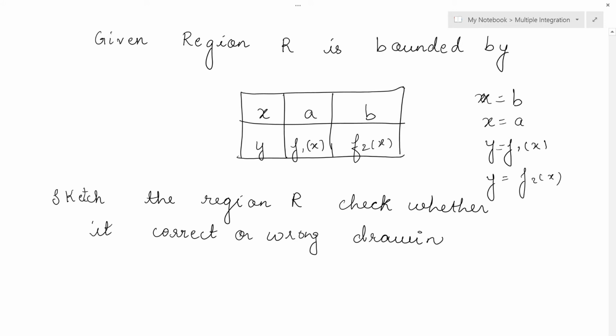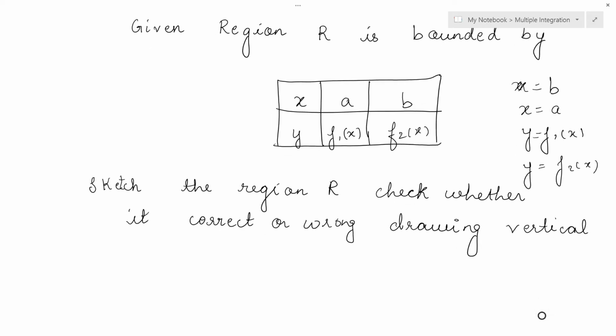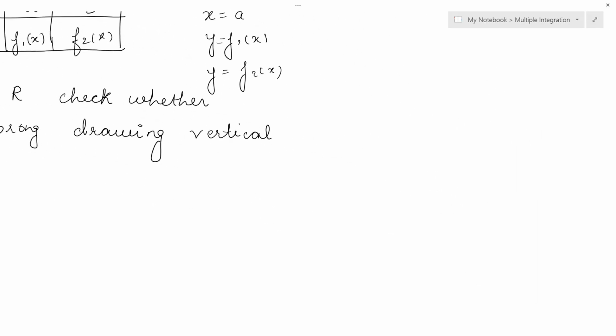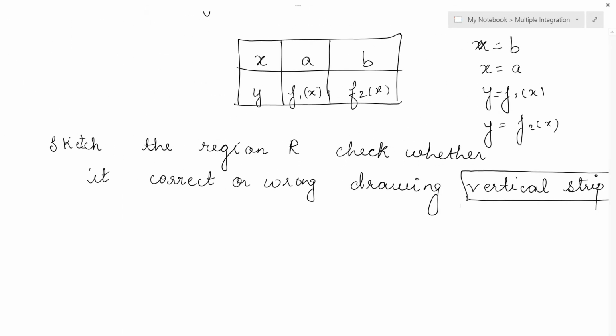In the question now, since the inner limits are y is equal to f1(x), y is equal to f2(x), the question has the vertical strip included in it. Remember this. So first, from the question, you have to draw the vertical strip. The next step is you have to reverse the order.